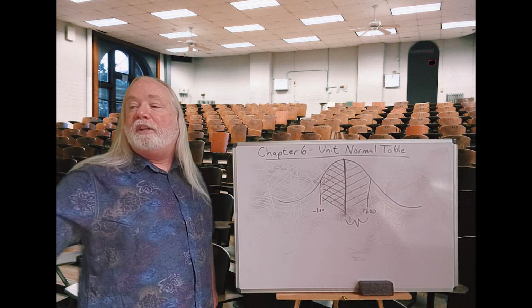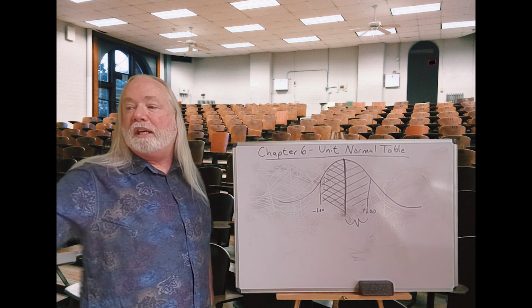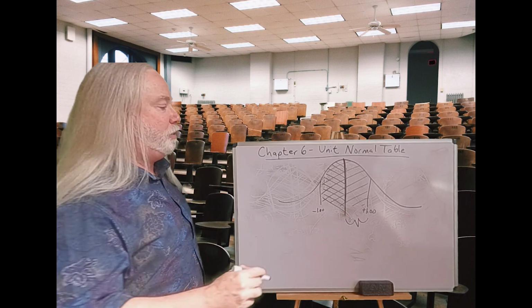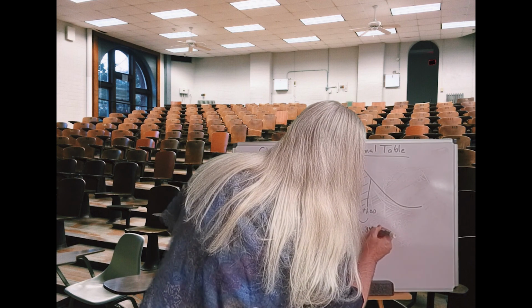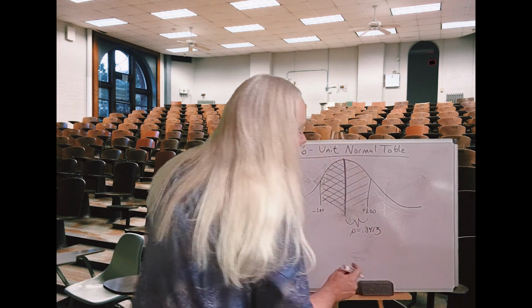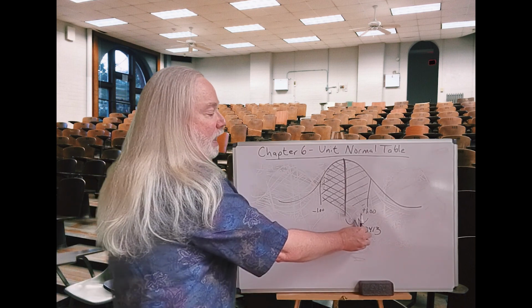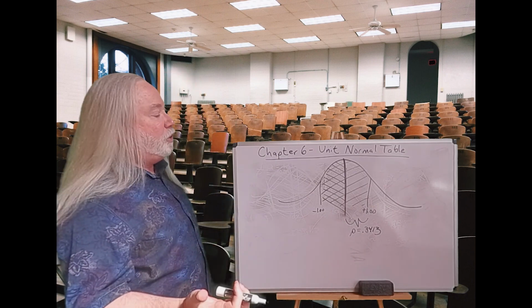And now you're going to slide your finger all the way over to column D for the proportion between the mean and a z. And you can see it says 0.3413. So what proportion of the scores in a normal distribution fall between the mean and a z of +1? 0.3413. But that's only half the picture.